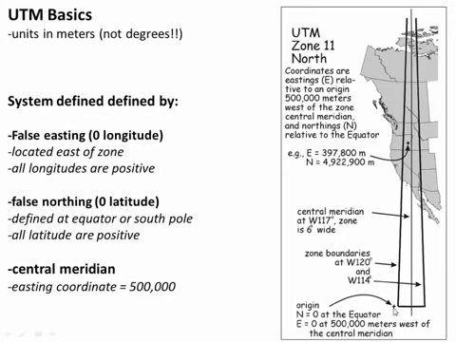So in terms of east-west coordinates, 0 is at that origin, and then the central meridian of the zone is always at 500,000. So the easting coordinate, or the east-west coordinate, is going to be some number in the hundreds of thousands, and it's always going to be positive.